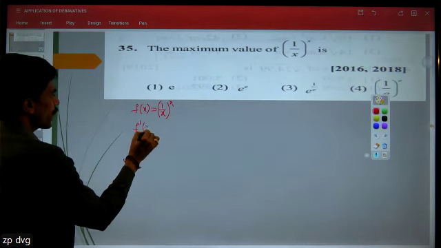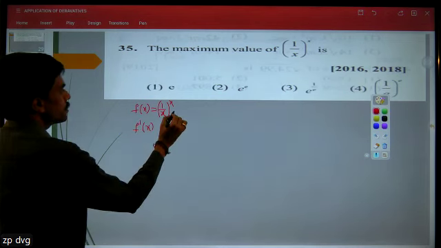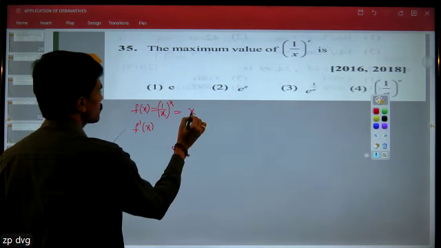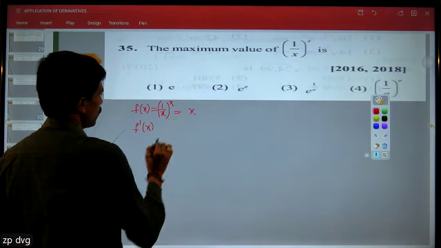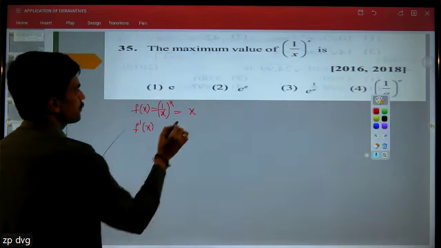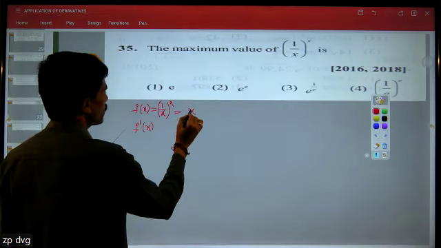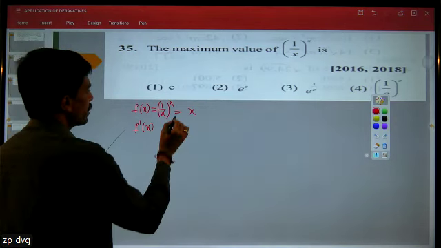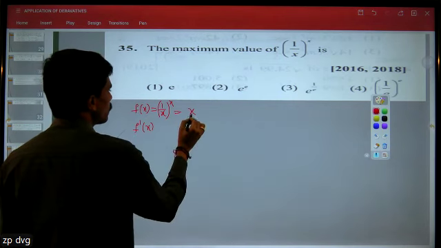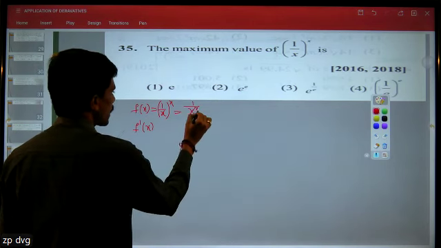F dash of x we have to find. So it can be written as (1 by x) whole power x, where 1 power x is 1. So it is 1 by x power x.